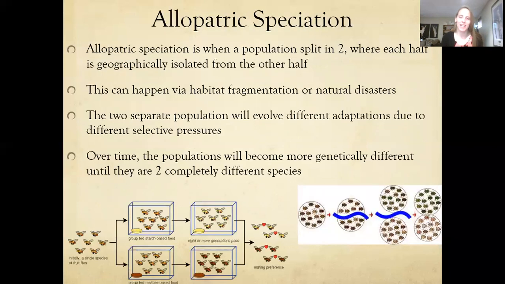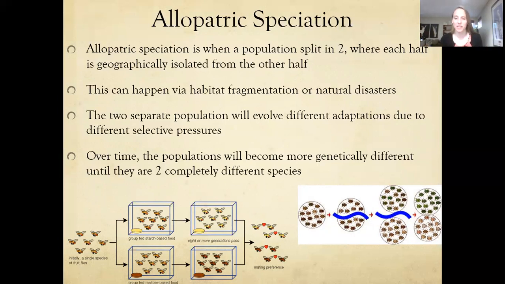Allopatric speciation is when the population is physically split in two and one half becomes genetically and geographically isolated from the other. So not only are they not sharing genetic information, they can't migrate or immigrate from one to the other. They are geographically isolated.